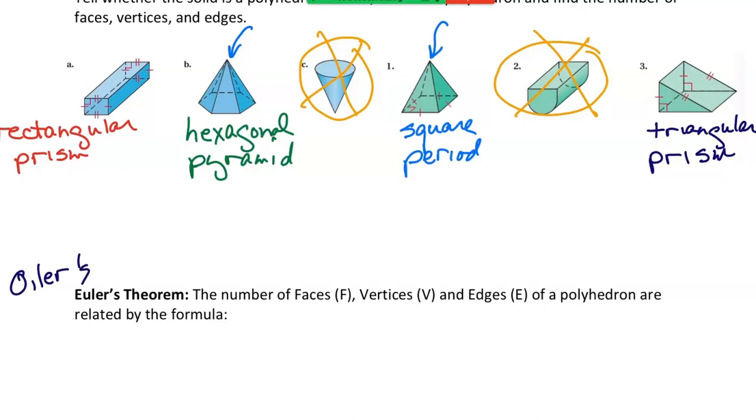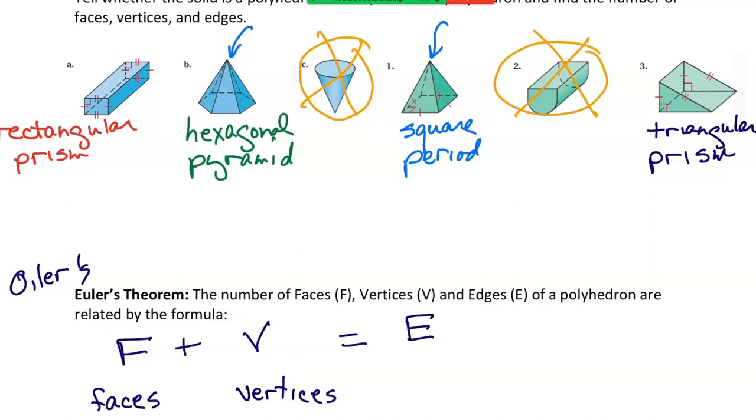And what he observed is that if we know the number of faces in a polyhedron, and we know the number of vertices, then the number of edges plus 2 will always equal the sum of the faces and vertices.